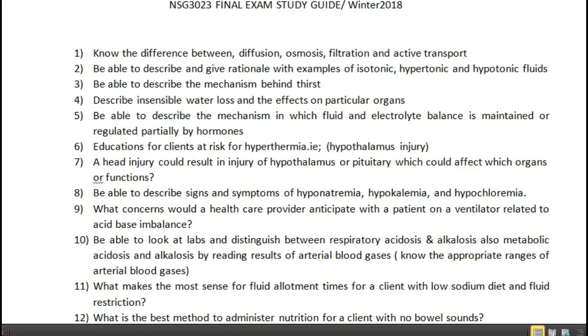If a fluid has the same osmolality as your normal blood, it's called isotonic. Those types of fluids would be a fluid like sodium chloride, normal saline.